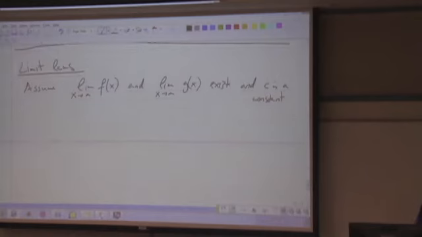Part 1 says the limit as x goes to a of the function f of x plus or minus the function g of x is equal to the limit as x goes to a of f of x plus or minus the limit as x goes to a of g of x.